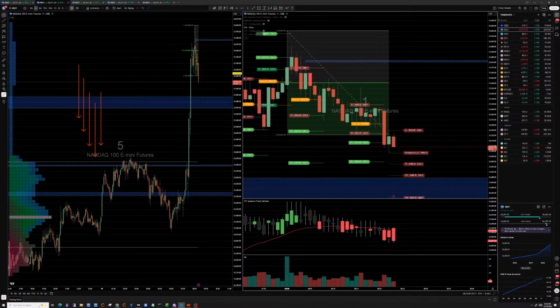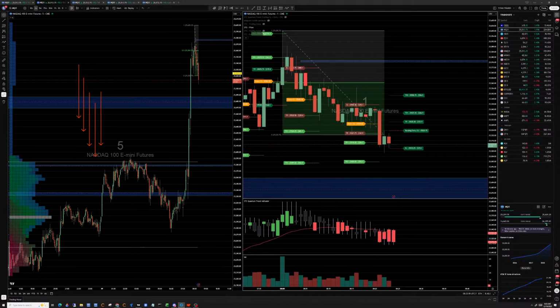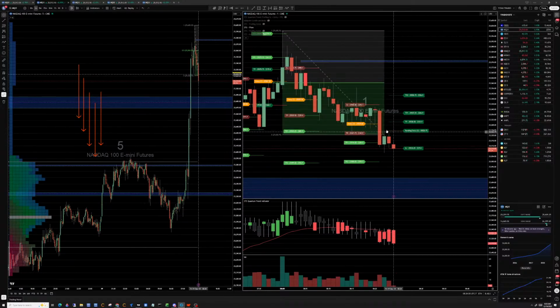I'll take a little stab at it and re-enter with the stop just right above the high of that little pattern right here. Basically the opposite of what we're seeing right here.